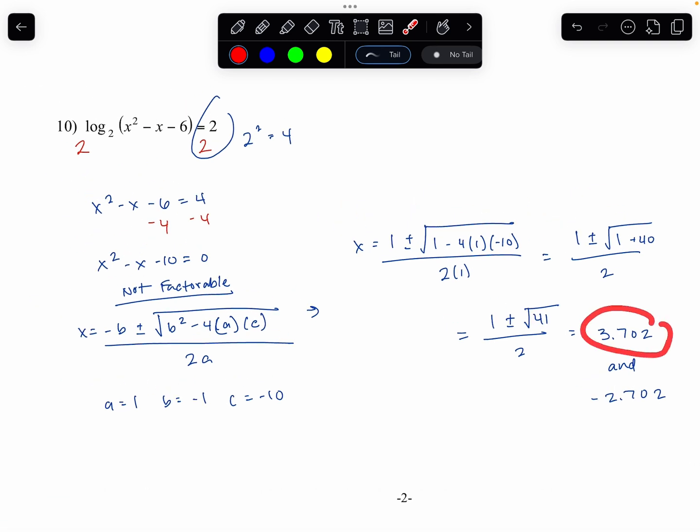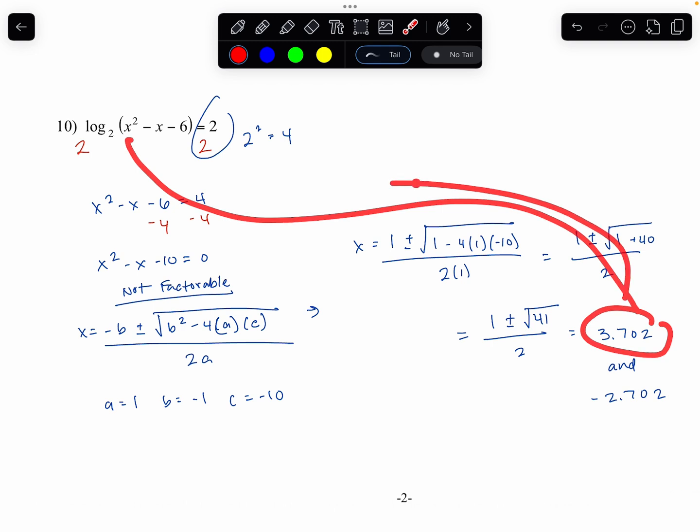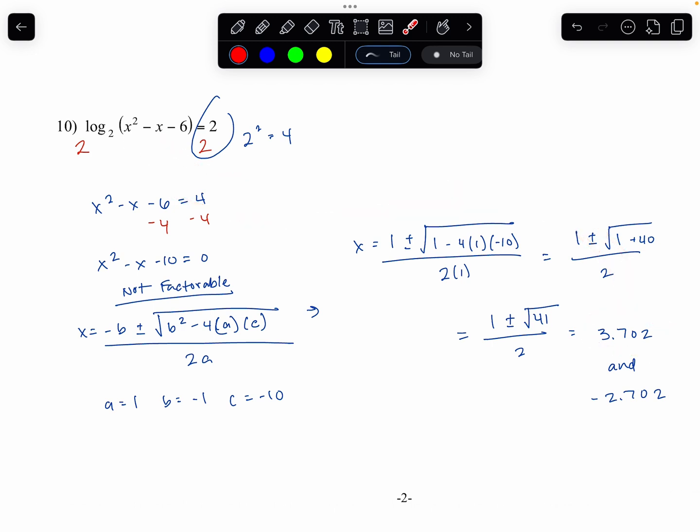So if I take this number right here and plug it in for x. So let me do that. I have my own calculator that I'm doing this in. So 3.702 squared minus 3.702 minus 6, and I get a positive number, so we're good.